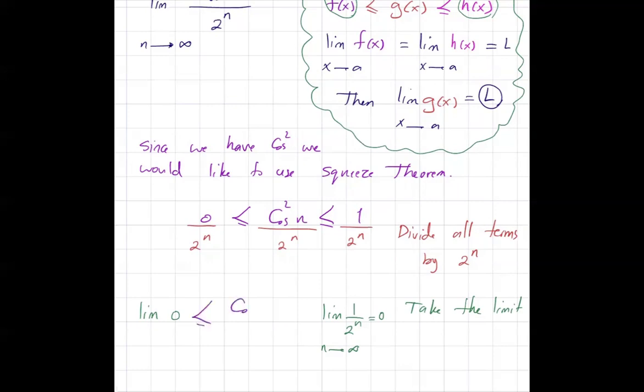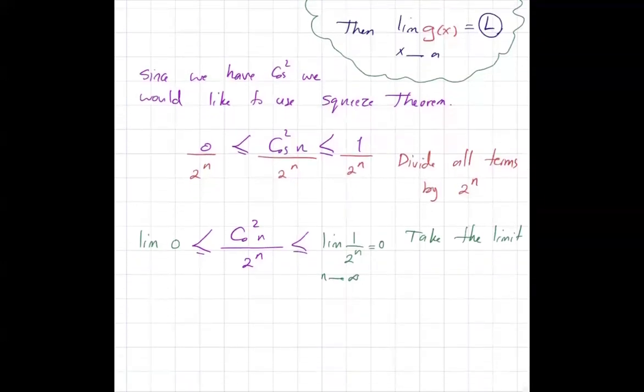So far I have 0 on the left, 0 on the right, and cosine squared of n divided by 2 to the n bounded between 0 and 0. The limit of 0, no matter what n is, doesn't depend on n. It is equal to 0.